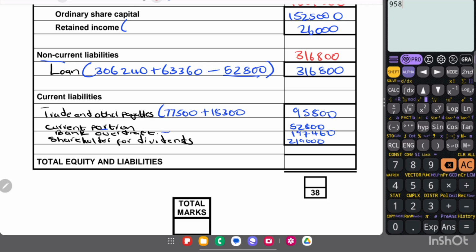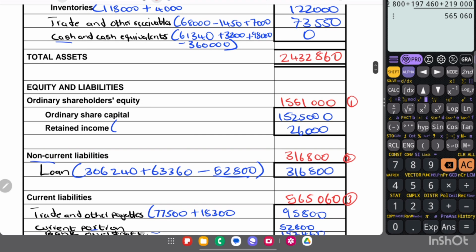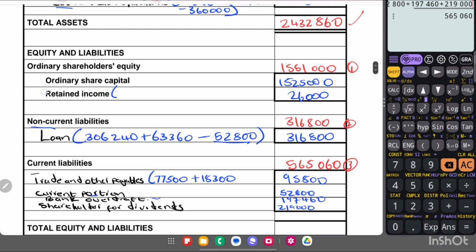Then we can go now and get the total for current liability. It's gonna be 95,800 plus 52,800 plus 197,460 plus 219. Now I'm getting 565,060. Then how do I get now total equity and liability? It must be number 1, number 2, number 3. You add those three amounts, and if you add those three amounts, it must give you the same amount as total asset.